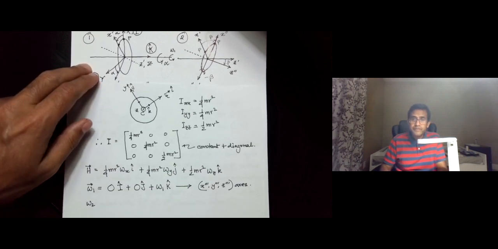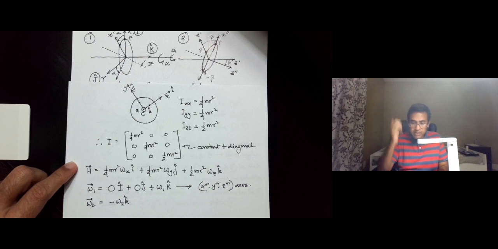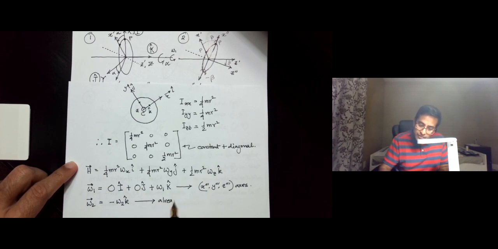On the other hand, the angular velocity omega 2 is already in the negative k direction. So this is already in the x triple prime, y triple prime, z triple prime axis.